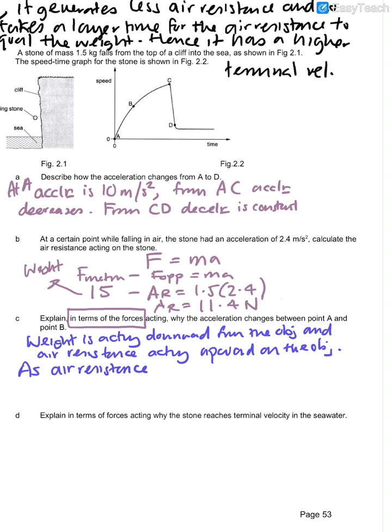You just add in a few things. You all know this one. The problem is you don't know how to write it out, or you miss out something. As air resistance increases, why is air resistance increasing? Because the speed is increasing. Okay, just say this. Then Dylan, as air resistance increases, what's the next thing to talk about?